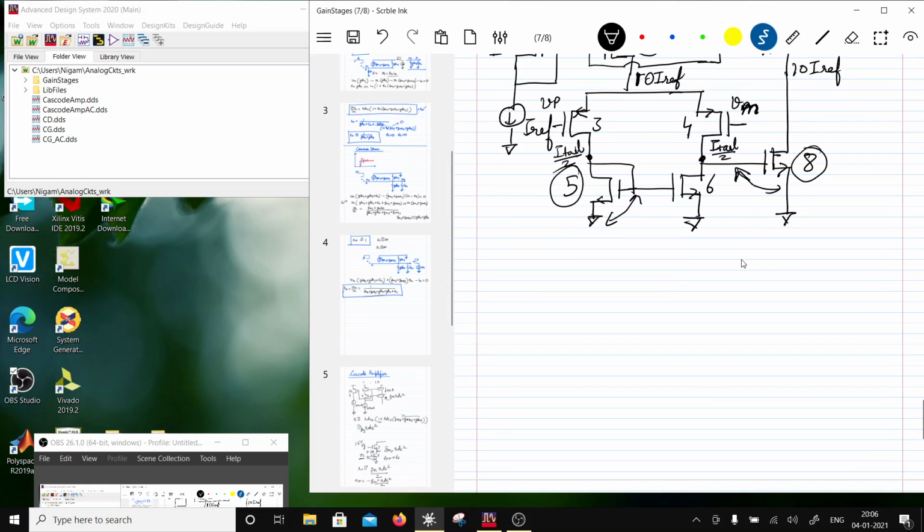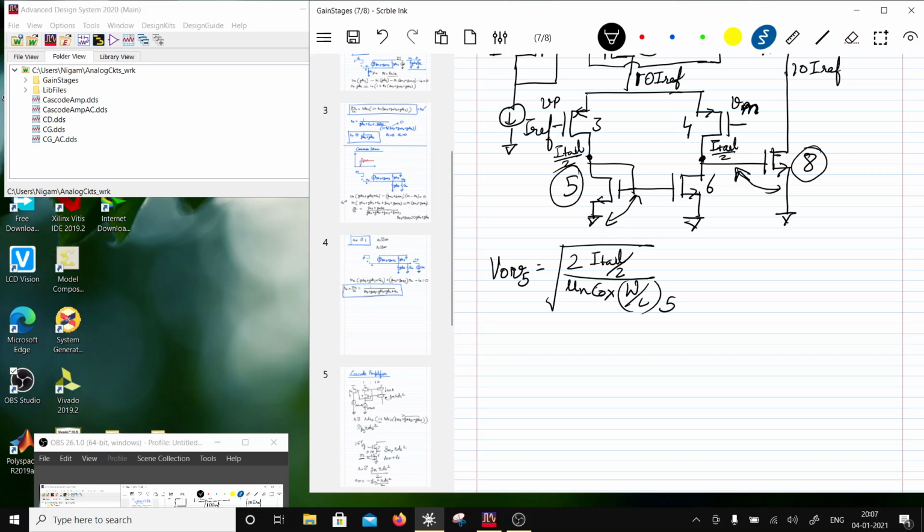So the overdrive voltage of this transistor should be the same as this one. What is the overdrive voltage? V overdrive 5 is equal to I tail by 2 into 2, divided by GM. Let's write a different formula for that. V overdrive 5 will be equal to the square root of twice I tail by 2 divided by mu n Cox W by L5.